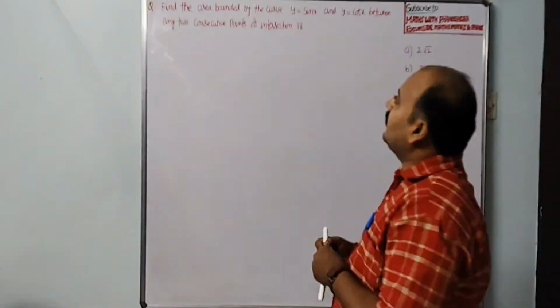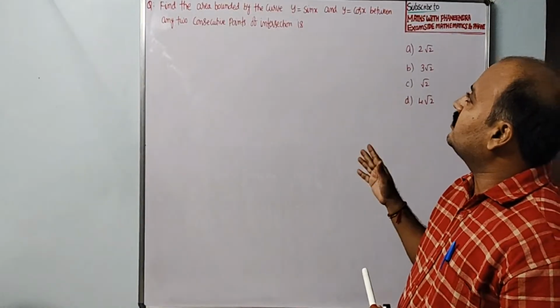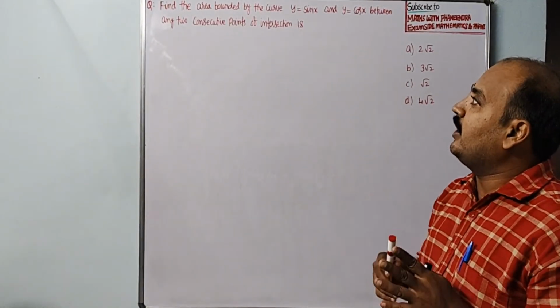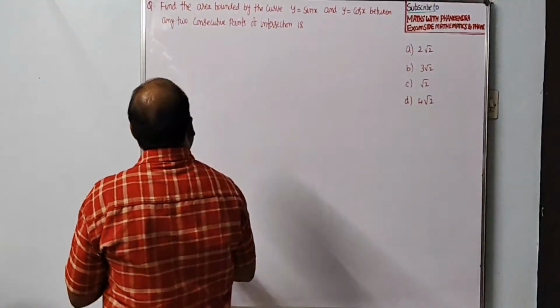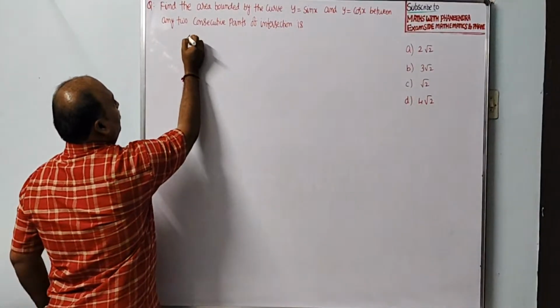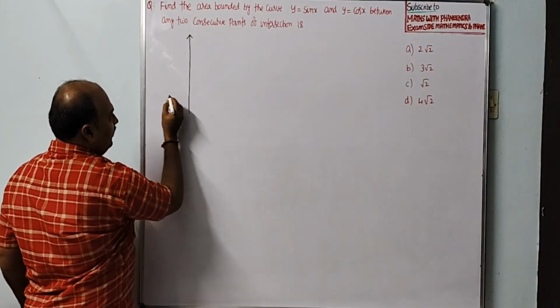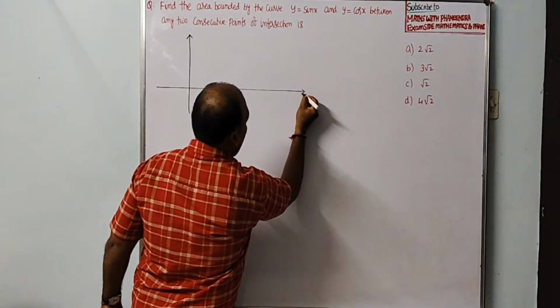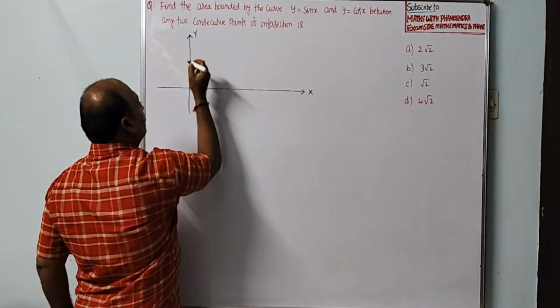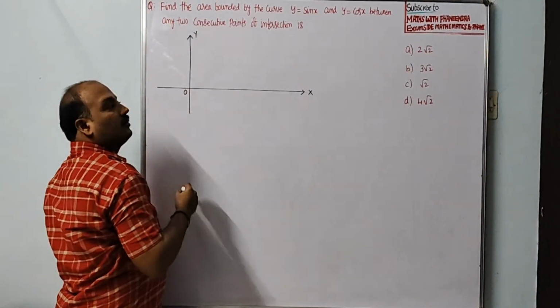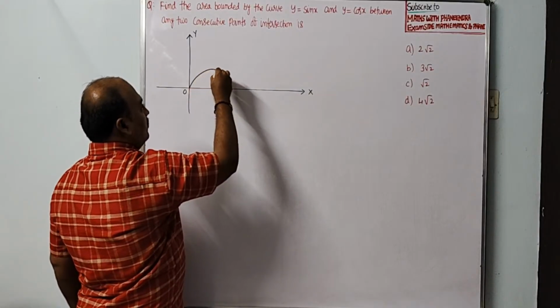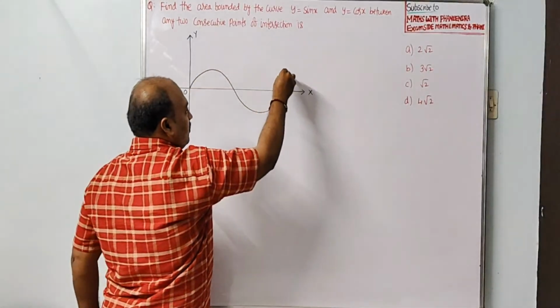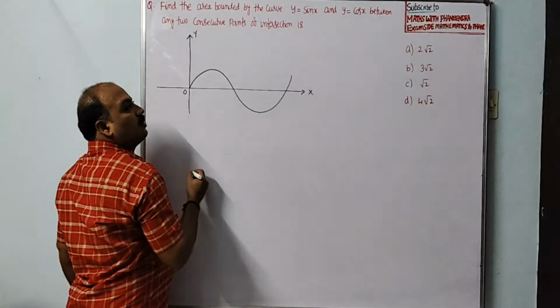Find the area bounded by the curves y is equal to sin x, y is equal to cos x between any two consecutive points of intersection. See, in the figure, both the curves are y is equal to sin x and y is equal to cos x only, no? This is the y is equal to sin x curve.